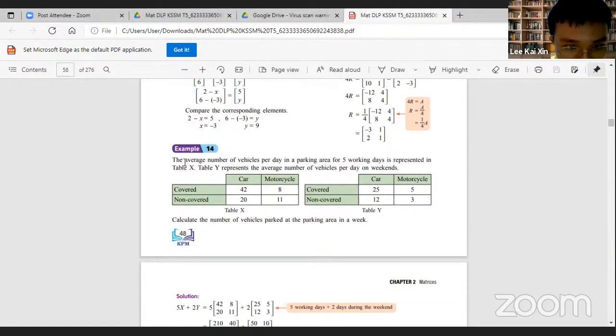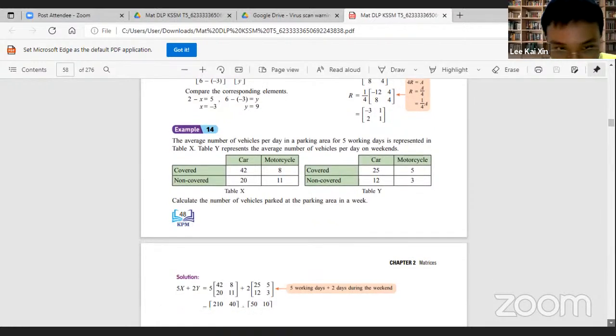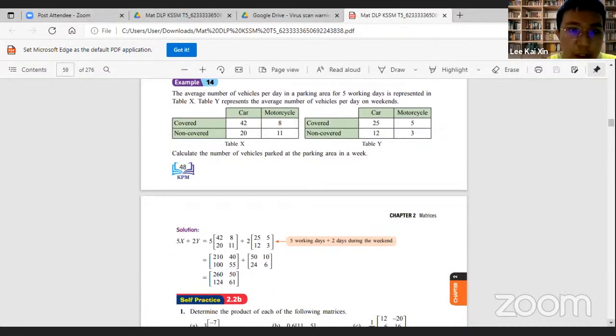Okay, then the average table. Now we do it in table form. The average number of vehicles per day in the parking area for 5 working days is represented in table X. Table Y represents the average number of vehicles per day for weekends. They calculate the vehicles parked in the parking area in a week.